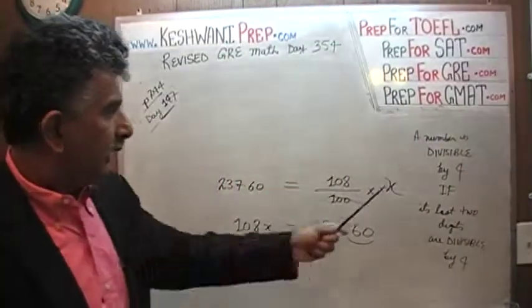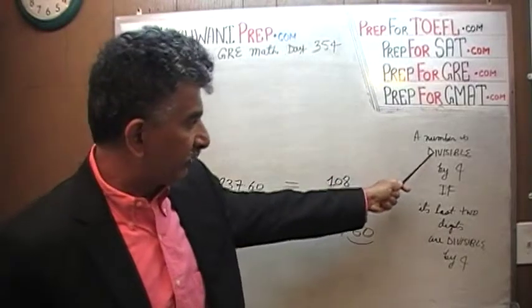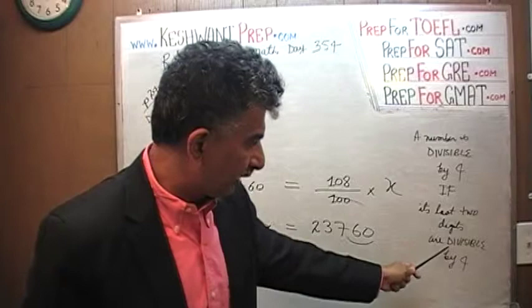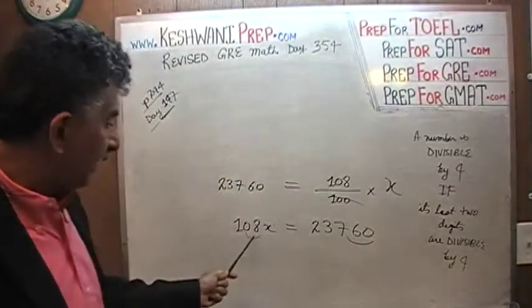One more time: a number is divisible by 4 if its last two digits are divisible by 4. We only have to worry about the last two digits.